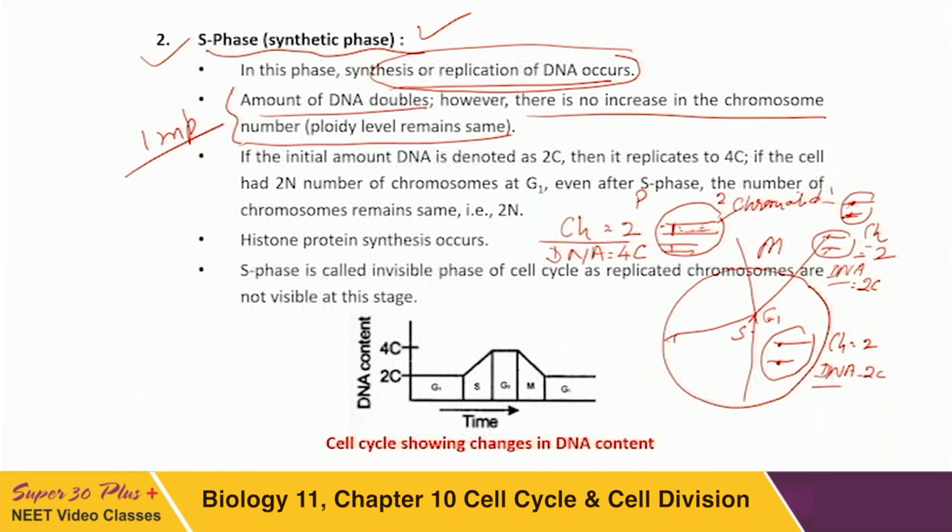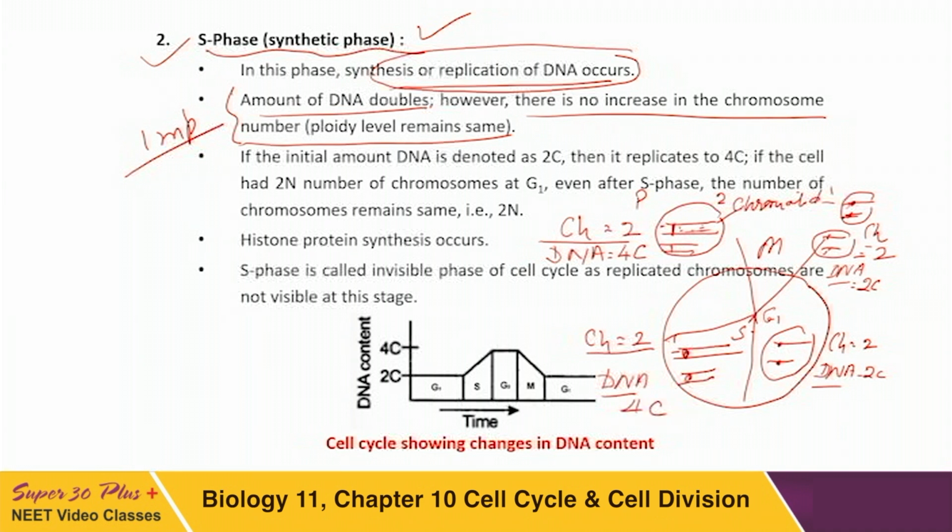In S phase also, the number of chromosomes will be equal to 2. Let this be 1 chromosome and this the other chromosome. So how many chromosomes in S? That is 2. And the amount of DNA? Can you tell me? The amount of DNA will be equal to 4C.